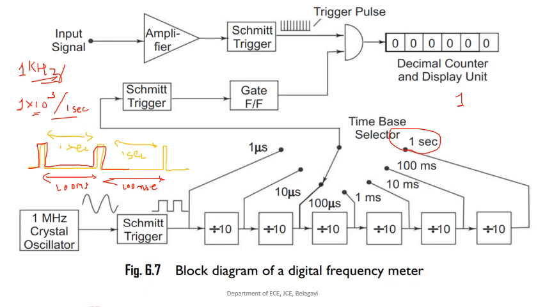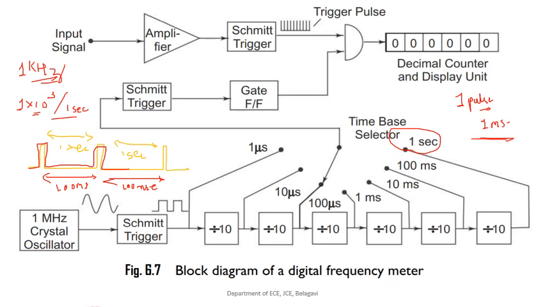If I get one pulse in 1 millisecond, that also corresponds to 1 kilohertz. So it depends on how you want to count. You can count 1 kilohertz as 10 raised to 3 pulses in 1 second, or as one pulse in 1 millisecond.